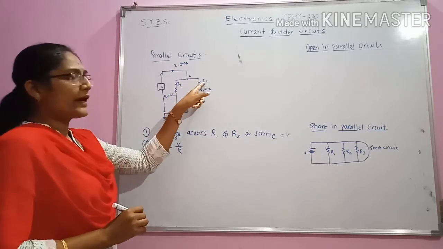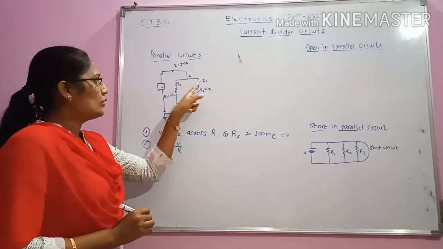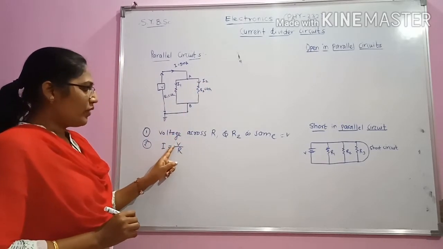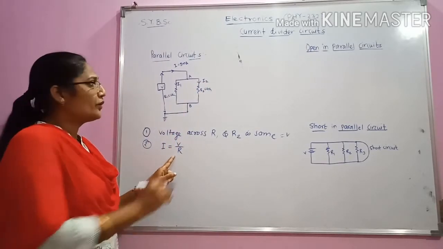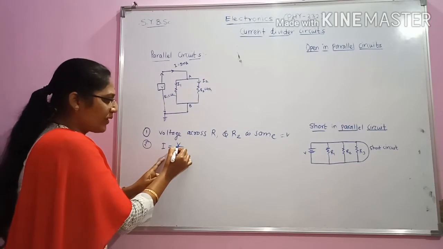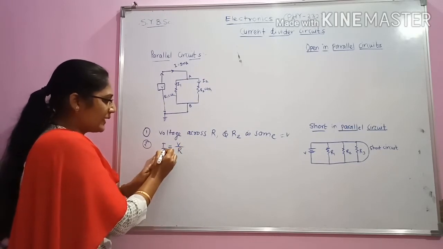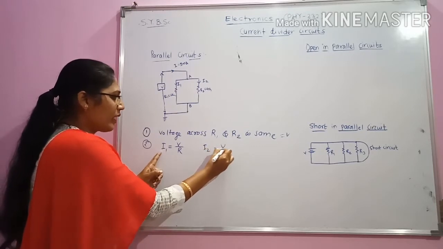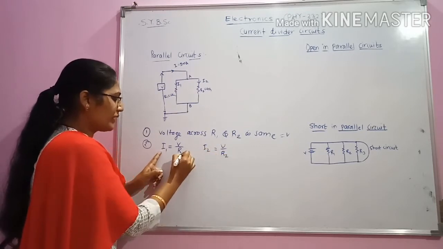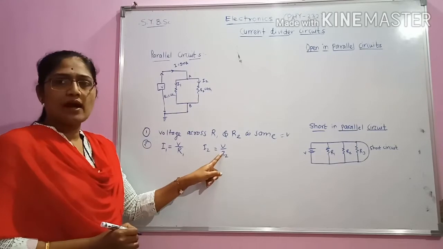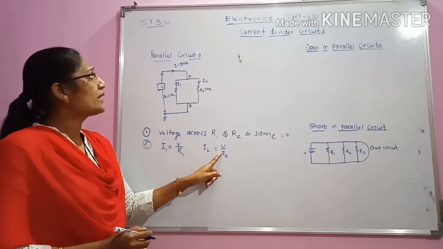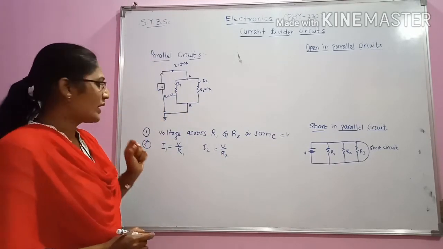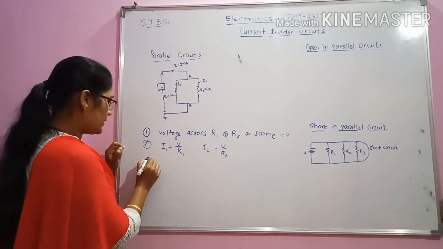Therefore, I1 and I2 are different and their values are given by the formula V upon R. In both cases, V will remain constant. It means that I1 or I2 will depend upon the values of resistances R1 and R2 respectively in case of parallel circuits.